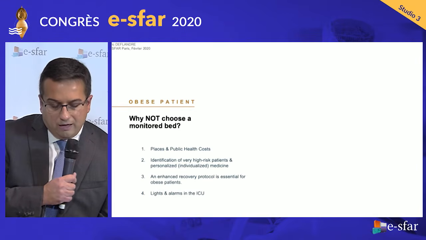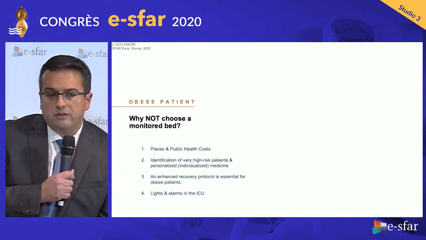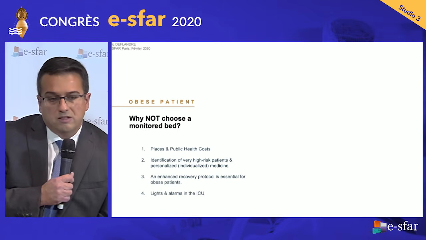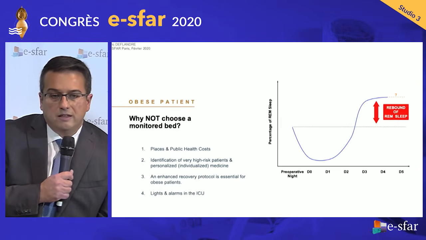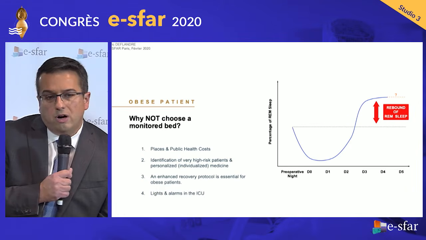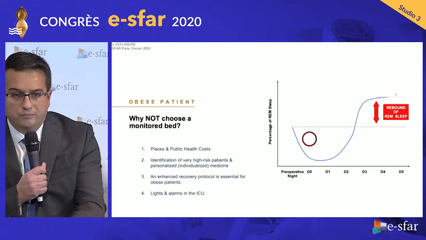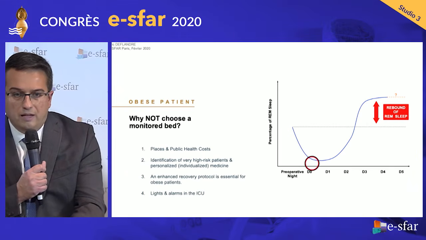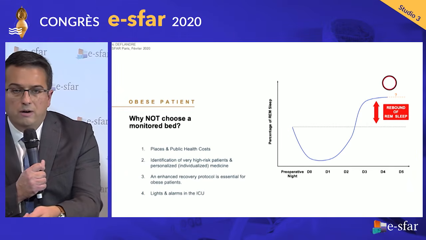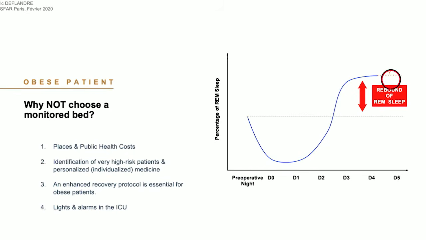And all of these disturbing, stimulating factors decrease the proportion of REM sleep during the first night spent in the ICU. And this decrease is followed by a rebound some days later.